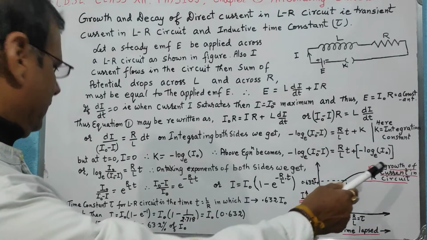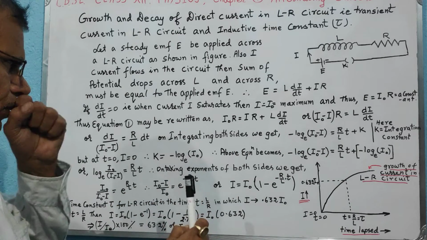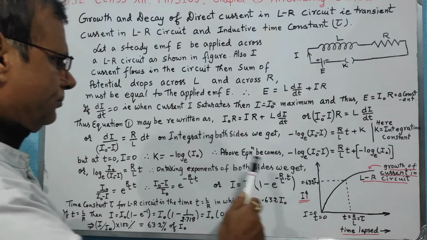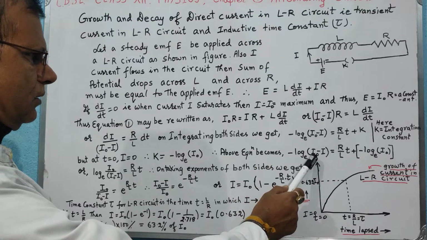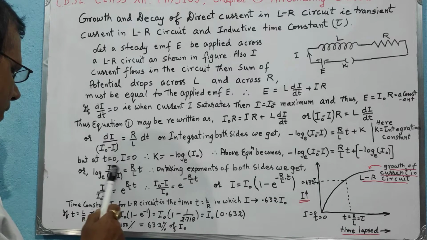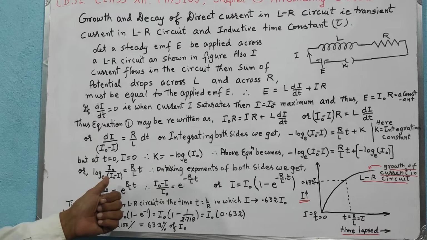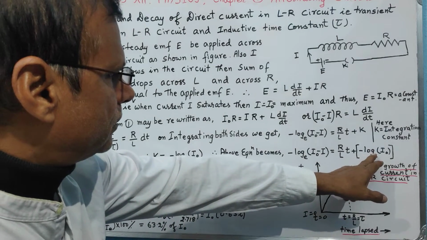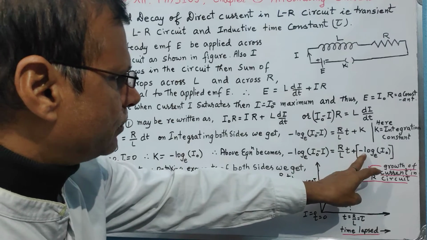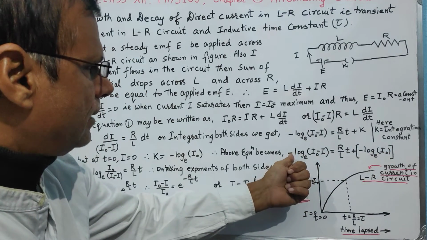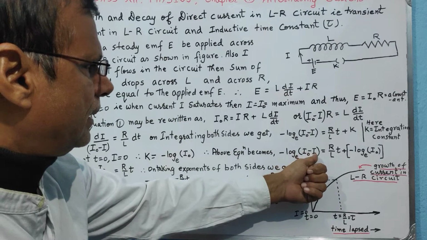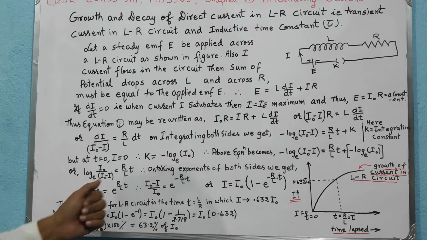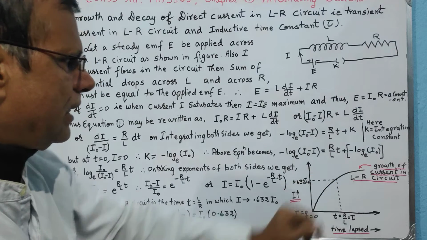We change the side of this log, we get log I0 divided by log I0 minus I, so that becomes I0 by I0 minus I. Here you take it on the left hand side, this becomes plus log to the base e I0 and this is minus log to the base e I0 minus I, so that becomes log, together writing I0 by I0 minus I, and on the right hand side we are left with r by L into t.